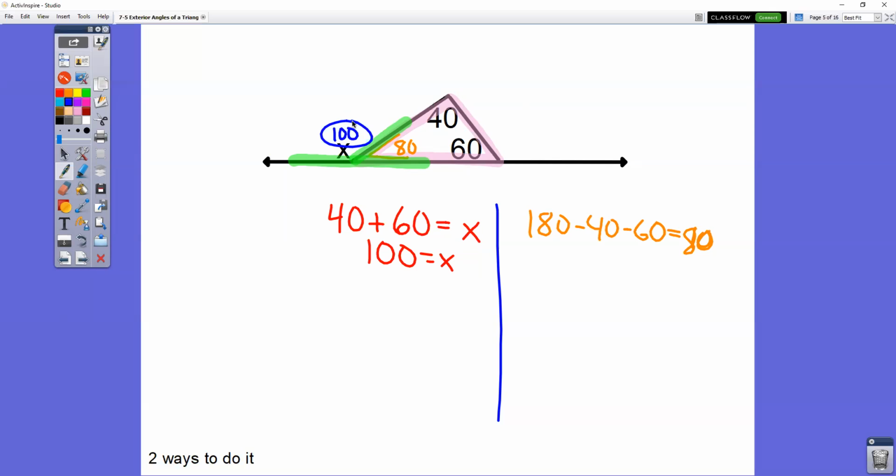Or you can use the formula that we talked about at the very beginning. These two angles, the two remote interior angles, added together equals this outside angle. Either way, you'll get the same answer. It's just sometimes a little bit quicker to add these two angles together and set it equal to that exterior outside angle. Let's take a look at another one.